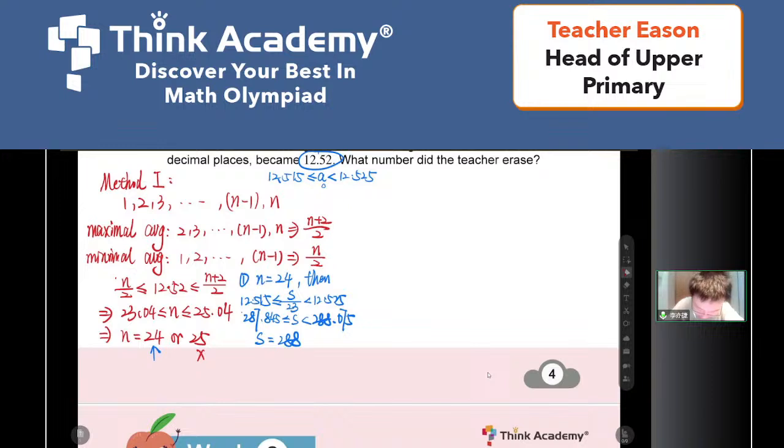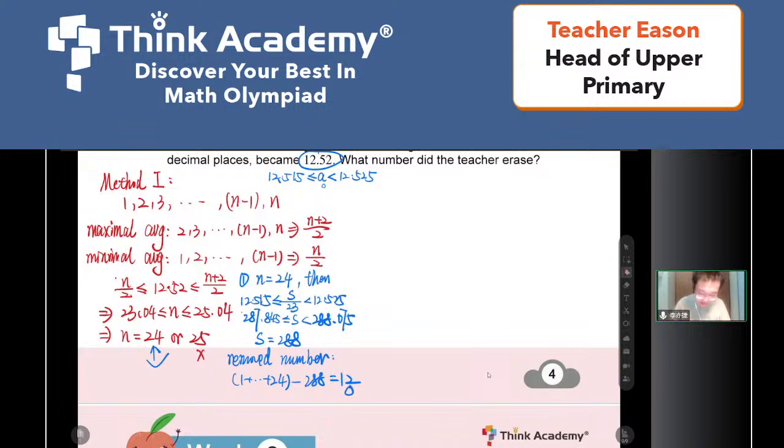So the number removed can be calculated as follows. We just use the sum of 1 to 24, which is 300, minus this 288. So this is 12.